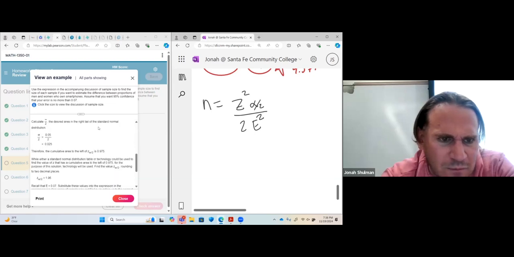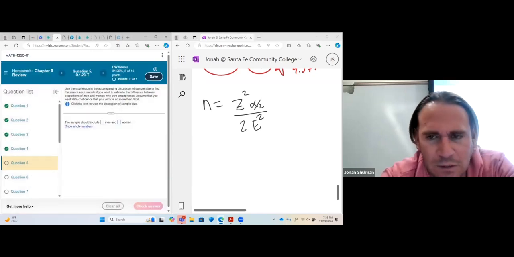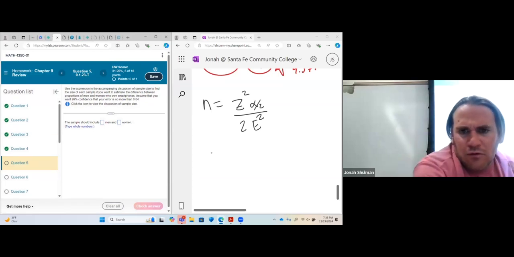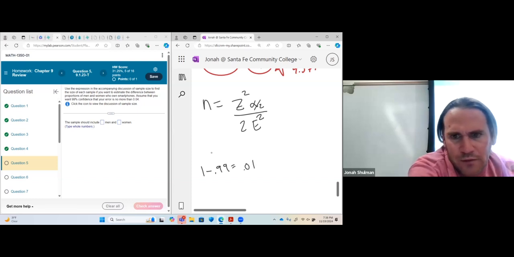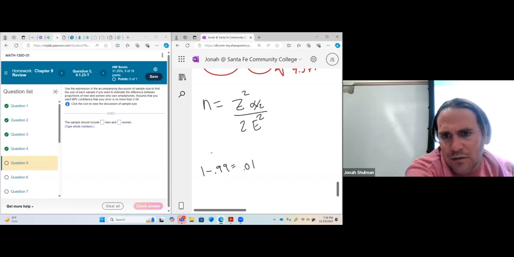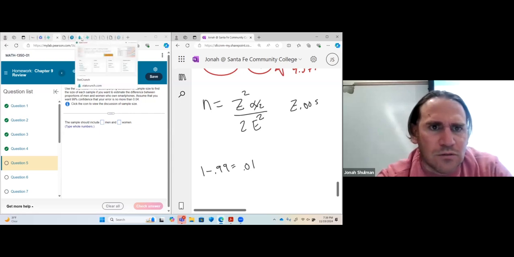And they're talking 95% to give me 1.96. We want 99%. So 1 minus 0.99 equals 0.01. Okay. 0.01 divided by 2 is going to be 0.005. That's what I need my z to be. So I'm going to actually go to StatCrunch.